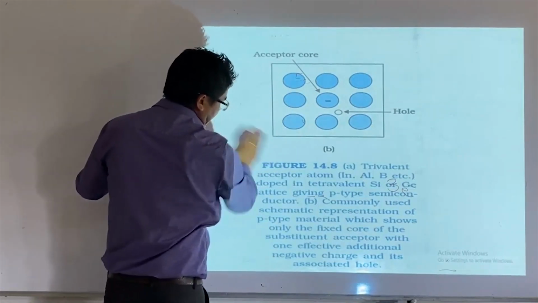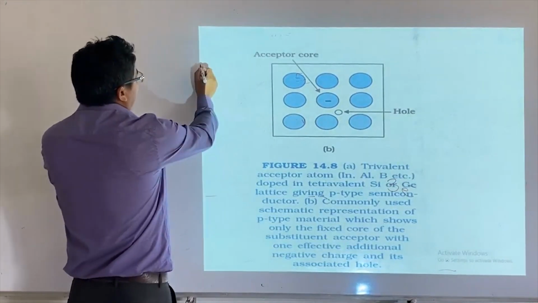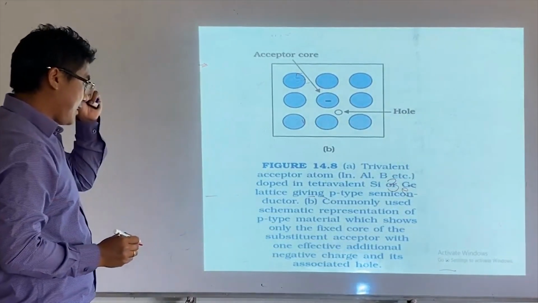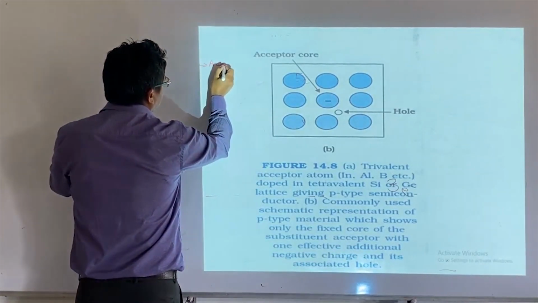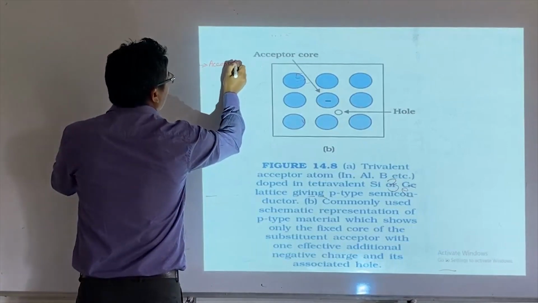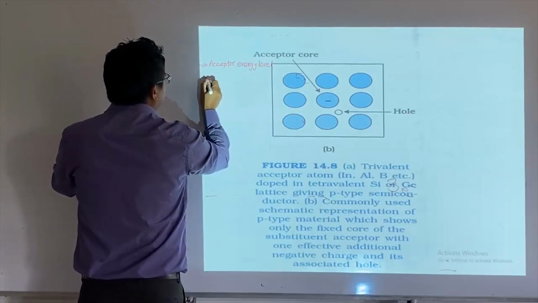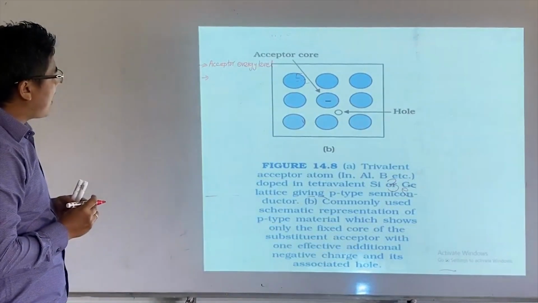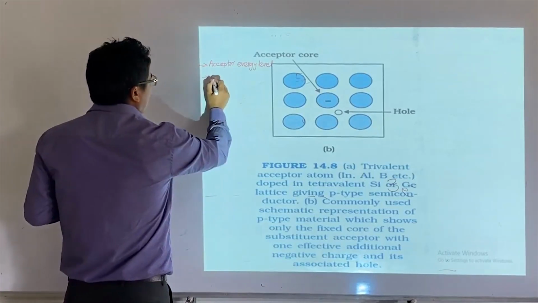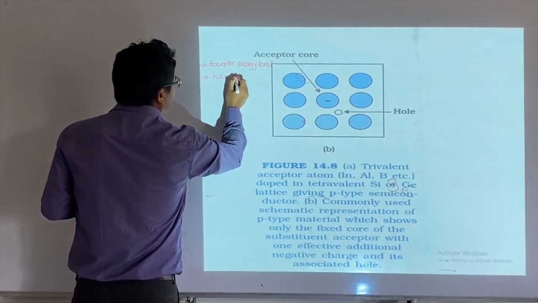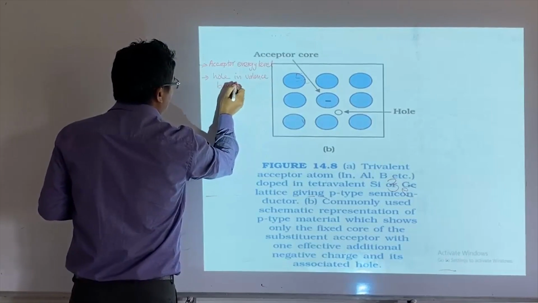So this is what we have. If I do a trivalent doping, what you have to understand is this creates an acceptor energy level and a hole in the valence band.